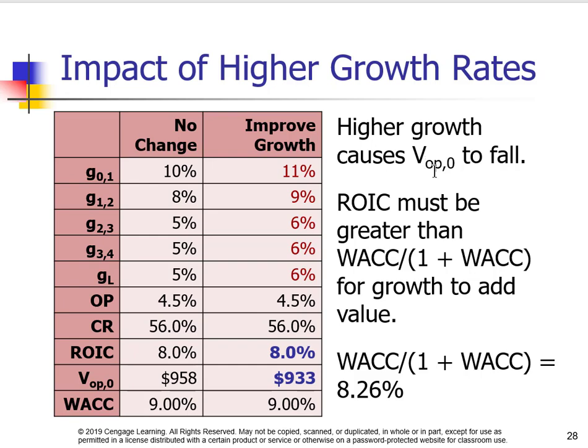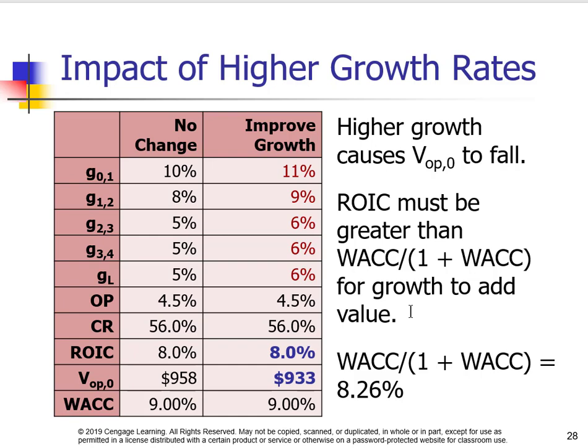Higher growth causes the value of operations to fall, right? So ROIC has to be greater than this formula, the cost of capital divided by 1 plus the cost of capital, for growth to add value. So you need to have higher returns than the cost of capital to get growth. And hopefully that makes sense, right?